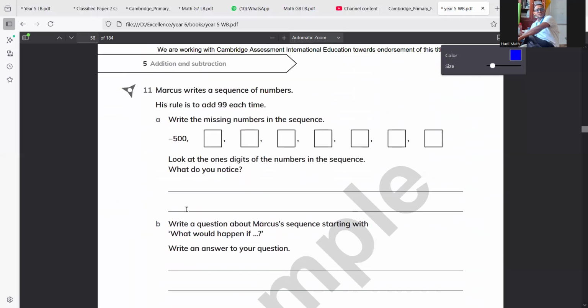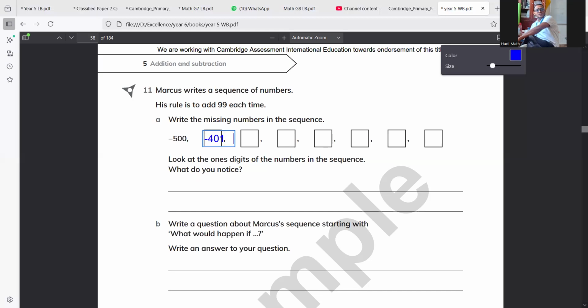Question number 11. Marcus writes a sequence of numbers. His rule is to add 99 each time. Write the missing numbers in the sequence. Add 99 every time. This will be -401, because it is negative.